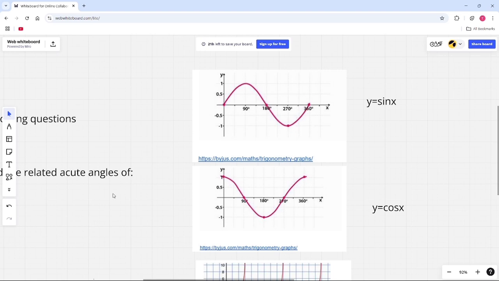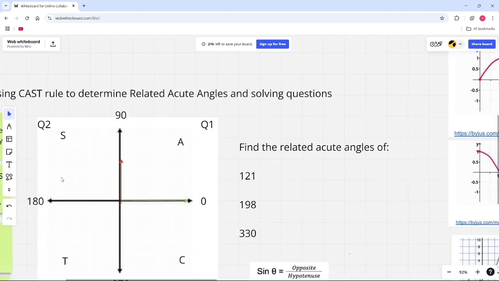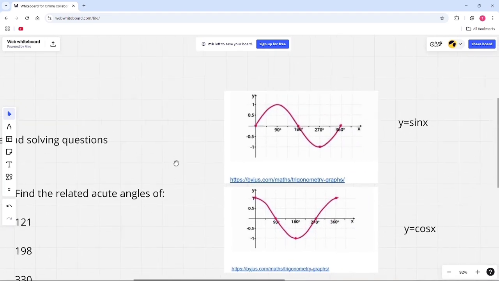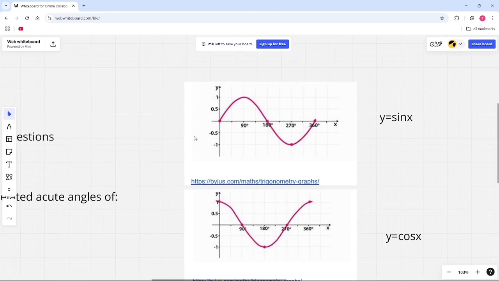Now, what are the two angles? 90 and 180 degrees. Let's just look at the graph itself over here. Between 90 and 180, we can see y equals sine x is above the x-axis. So that means all of its values, whether you put sine 91 or sine 179, will always be a positive output.